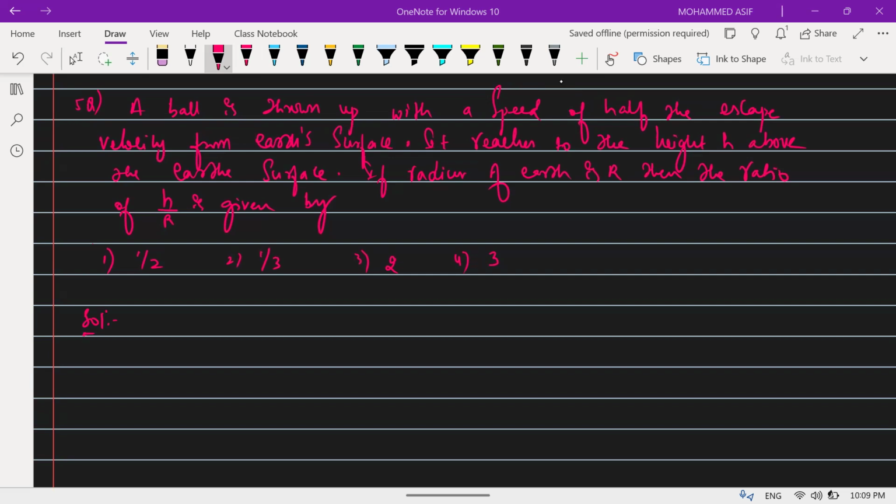The ball is being thrown up with a speed of half of the escape velocity from the Earth's surface. It reaches to the height h above the Earth's surface.